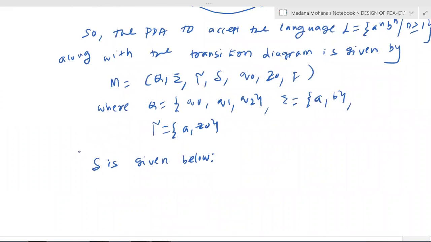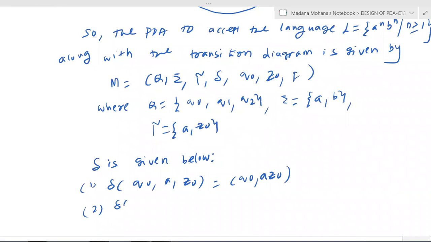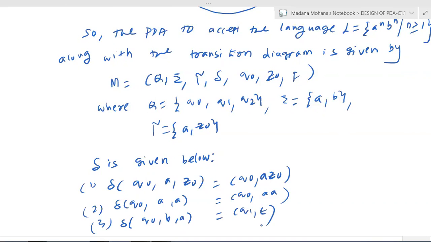So now the first one is delta of Q0, A, Z naught equal to Q0, A Z naught. Then the second transition, delta of Q0, A, A equal to Q0, A. Then the third transition, delta of Q0, B, A equal to Q1 comma null.